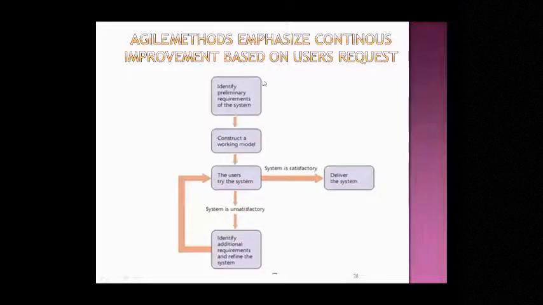So we have this one using the Agile. First, you have to identify the preliminary requirements. Okay, so you're done with the investigation, the feasibility study, and so on. Next, construct a working model. After doing it, the user will try the system.